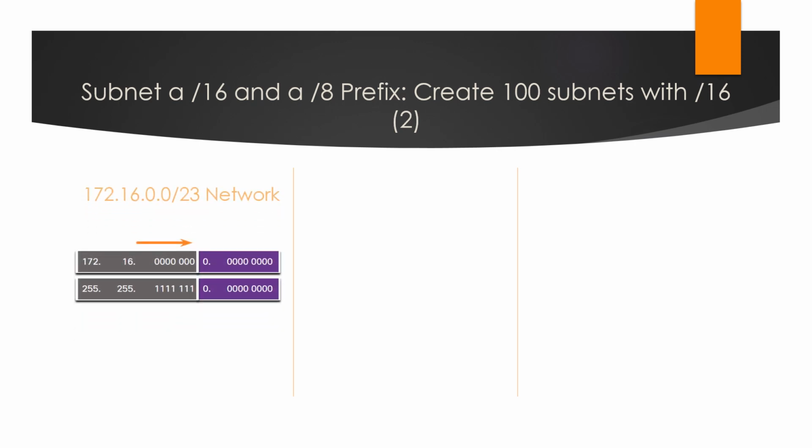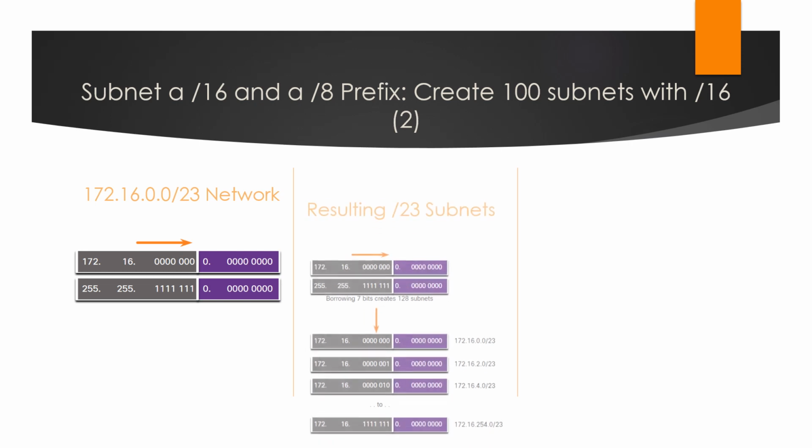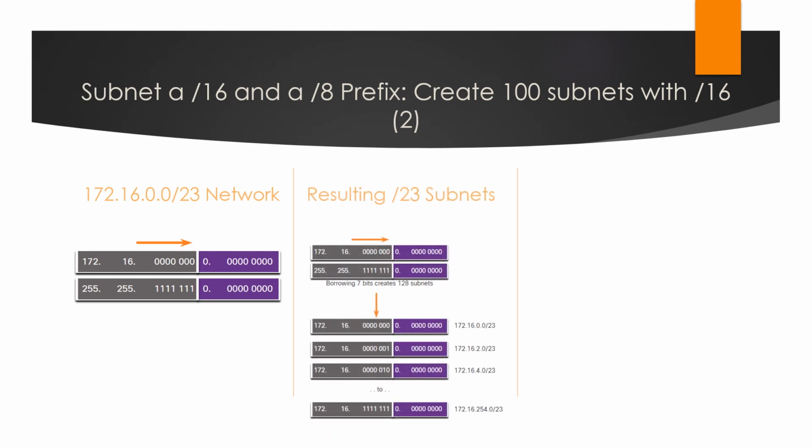Here it is shown the subnet mask that will change to /23, because remember that the subnet mask shows the network portion. And by doing that, here are displayed the resulting subnets from 172.16.0.0/23 to 172.16.254.0/23.